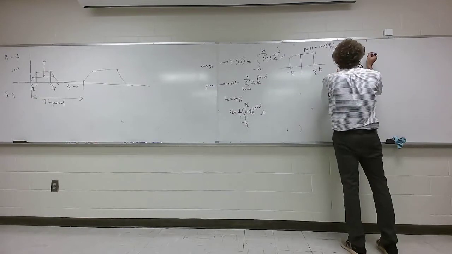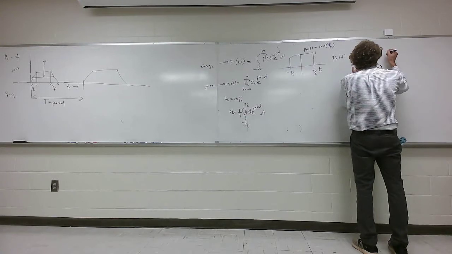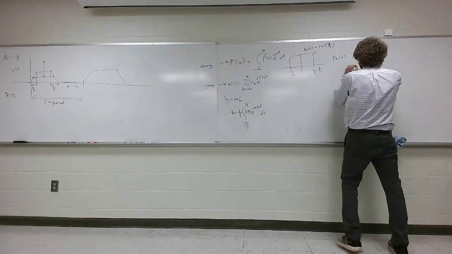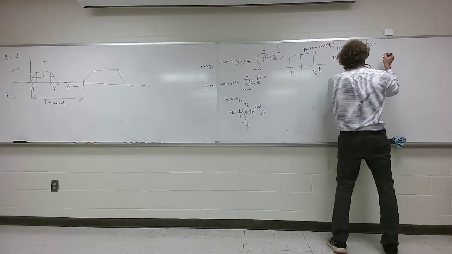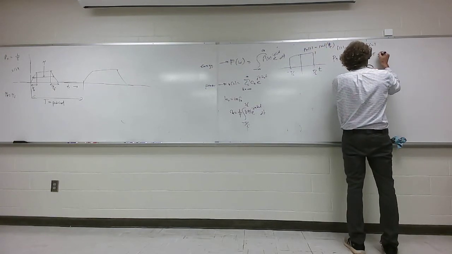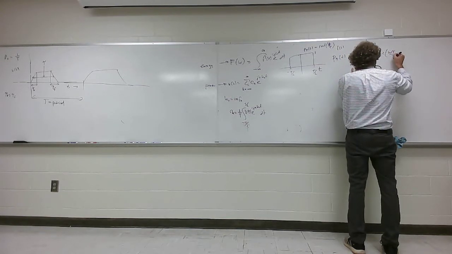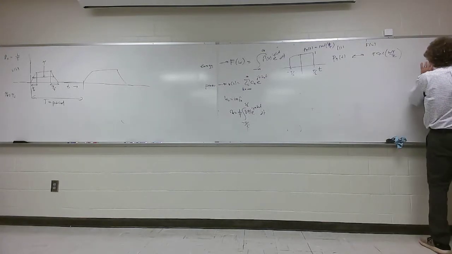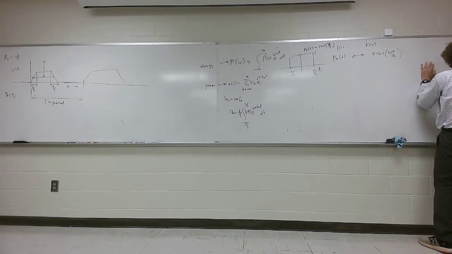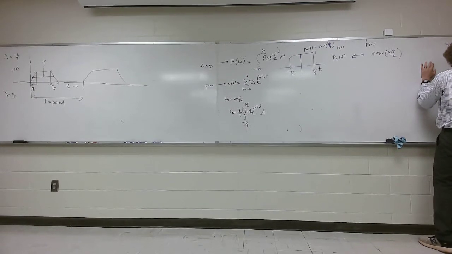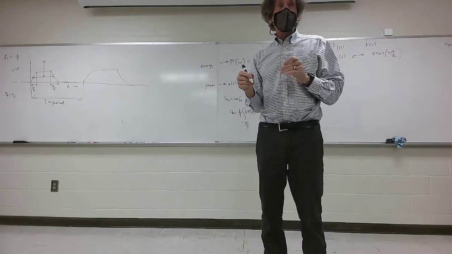Whenever you have a pulse in time, the Fourier transform is a sinc function. If this is f of t, this would be F of omega: tau times the sinc of omega tau over 2. Here, when I use the sinc function, sinc of x, I'm using the definition sine of x over x. Y'all remember that?